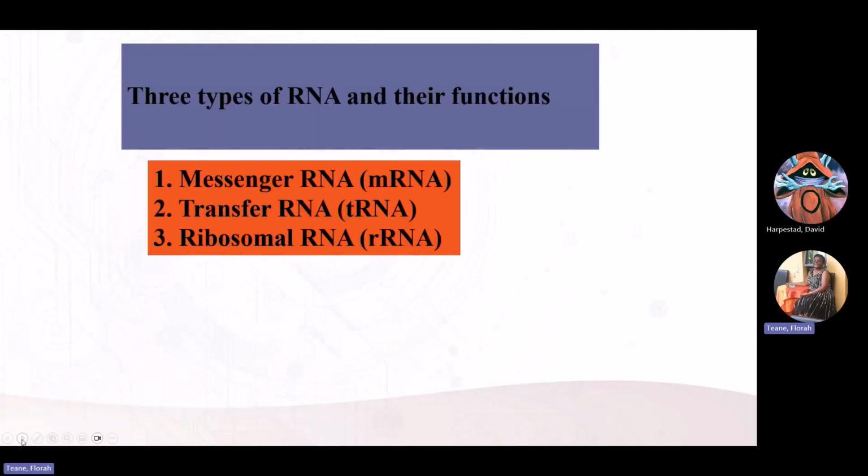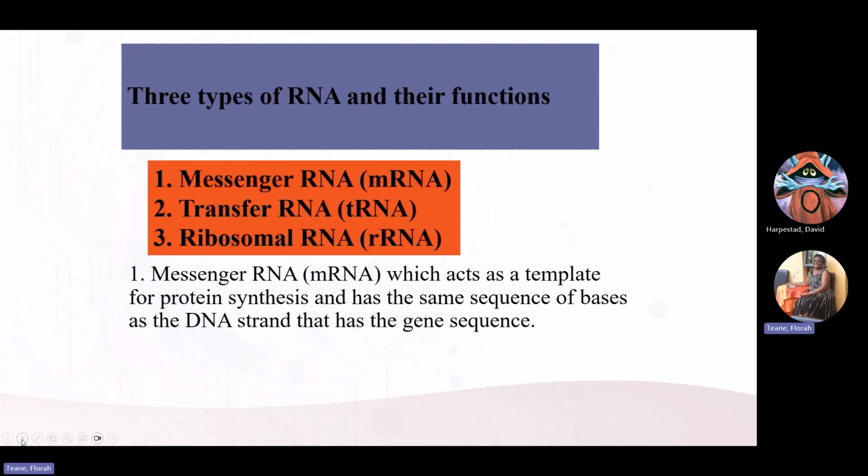We have 3 types of RNA: the messenger RNA, which is written as small letter m, RNA, transfer RNA, small letter t, then RNA, and ribosomal RNA, small letter r.